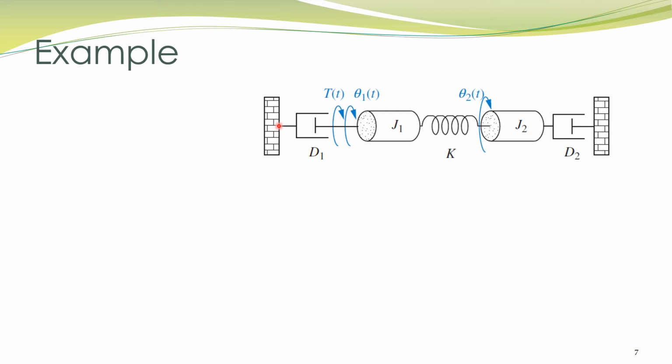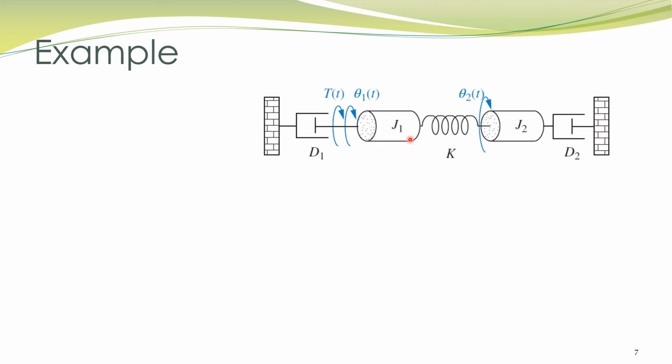This end of the damper is fixed, and when we apply this torque in clockwise direction, it will produce an angular displacement, and let's name this angular displacement theta 1 of t.